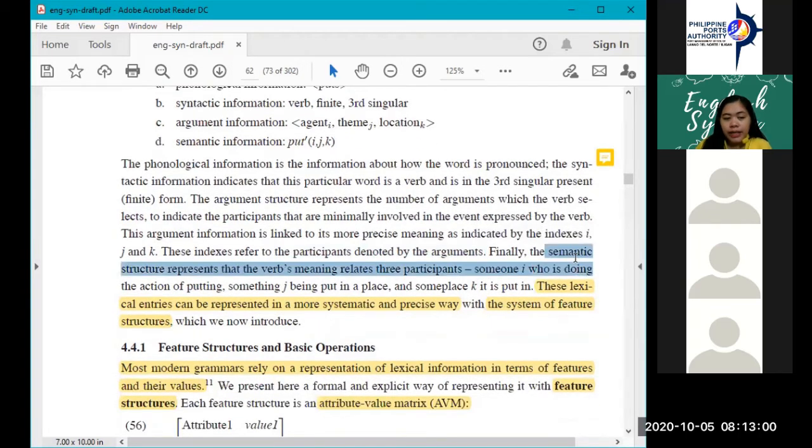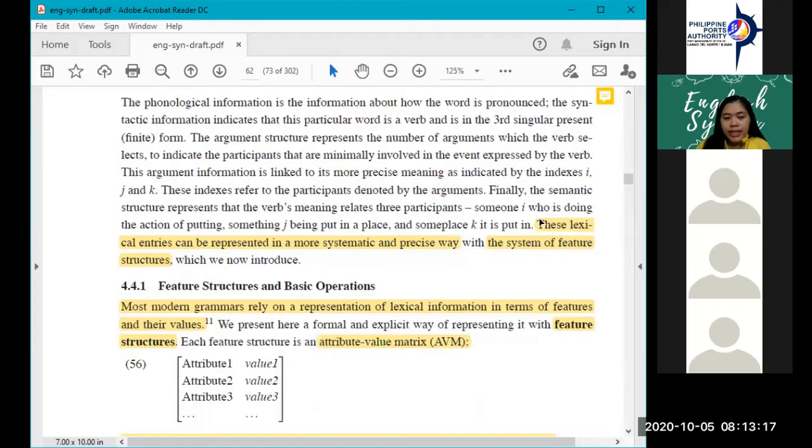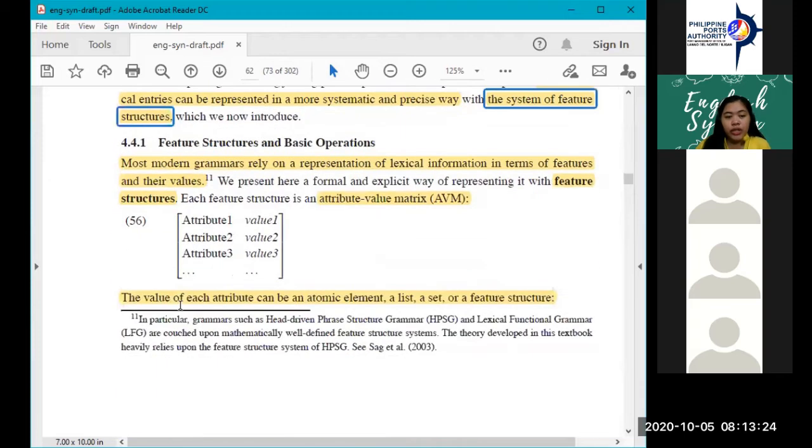Finally, the semantic structure represents the verb's meaning, which relates three participants: someone, the agent who is doing the action; something, the theme being put in a place; and some place or location it is put in. So these lexical entries can be represented in a more precise way through the system of feature structure.